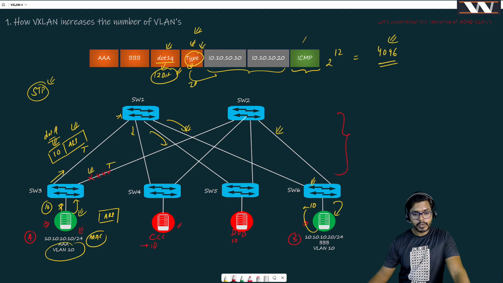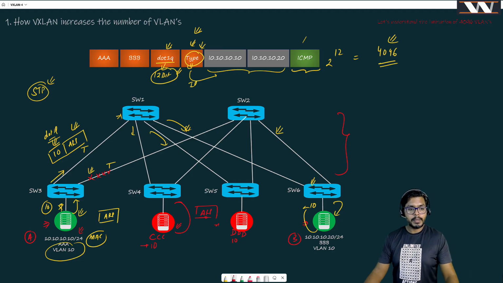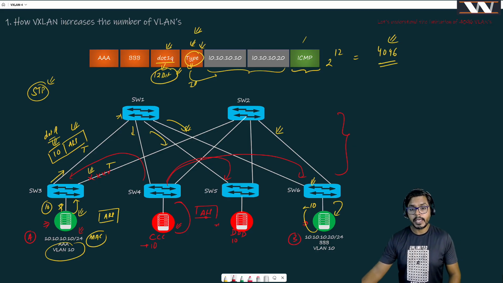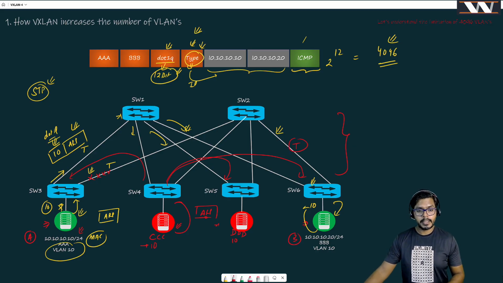If this guy wants to communicate with this guy, again, it is going to send an ARP message, and this ARP message will be received on switch 3, switch 5, and switch 6 also, because this is a broadcast message, you all know. And because we have trunk interfaces, we can put just VLAN 10 and forward it. And you can see that VLAN 10 is now present on all the switches, 3, 4, 5, 6. You all know that right now.